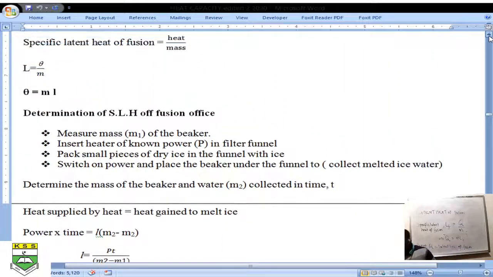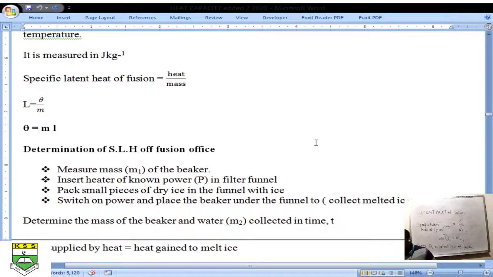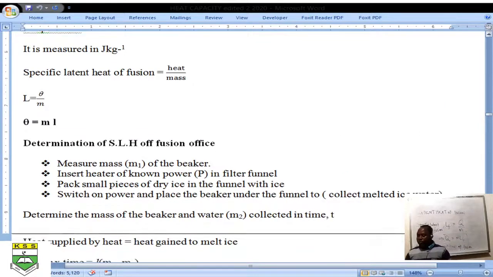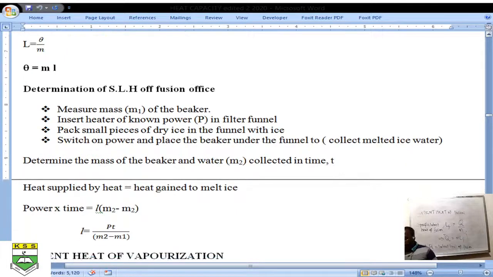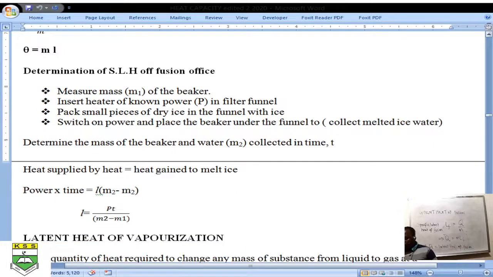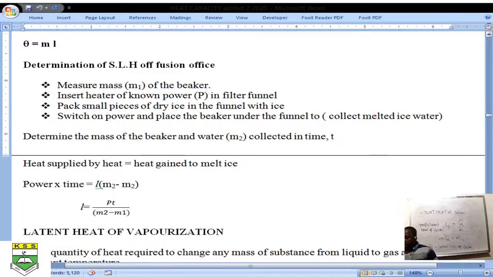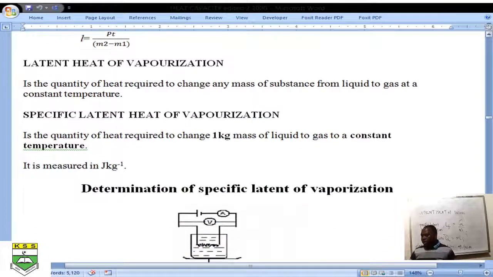I'm trying to present for you an experiment, the determination of specific latent heat of fusion.